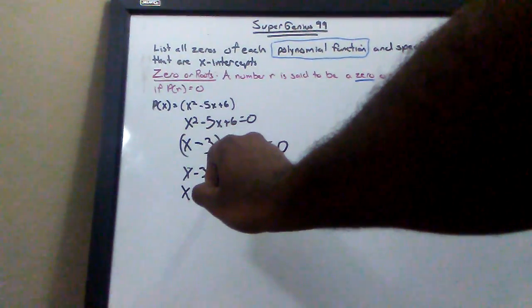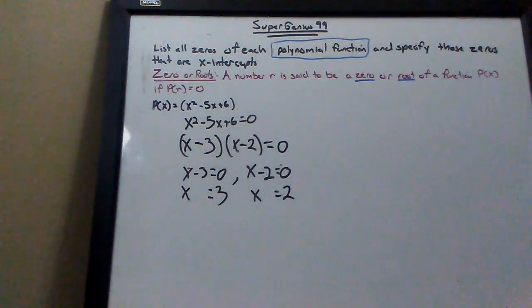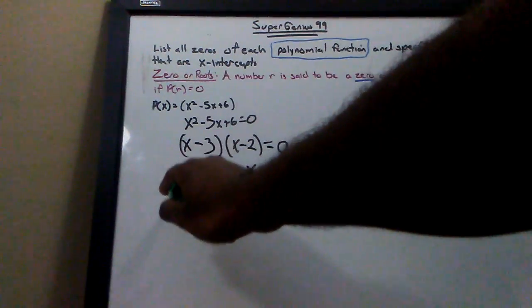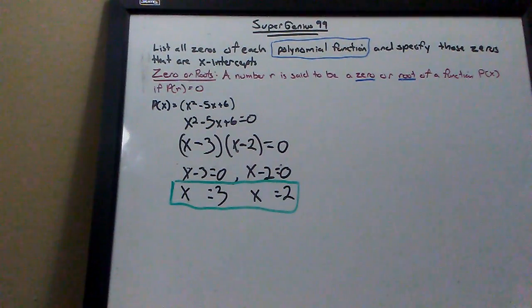X equals 3. And then x equals 2. Okay. In this case, both of these are real, so they are both zeros and x-intercepts. Okay.